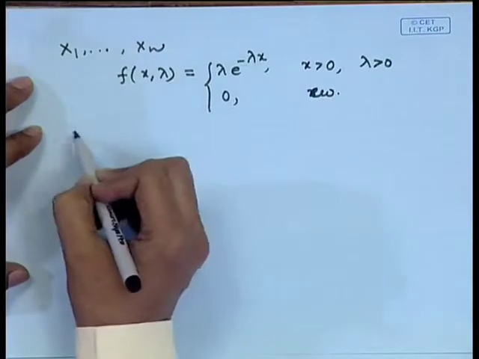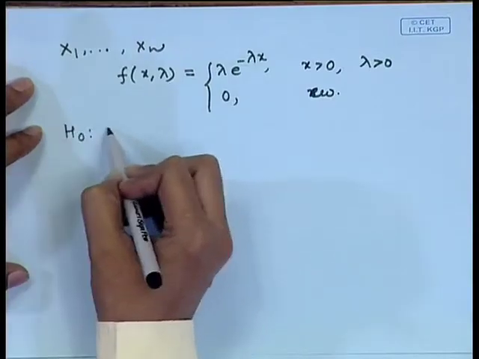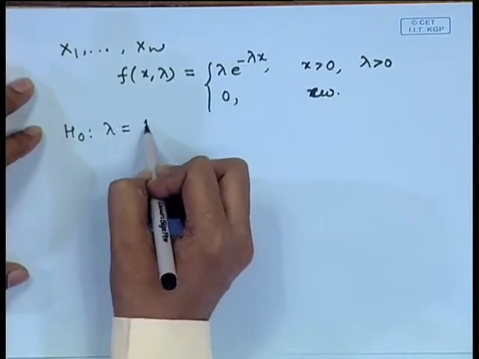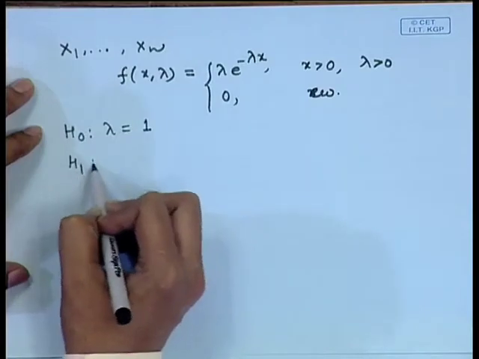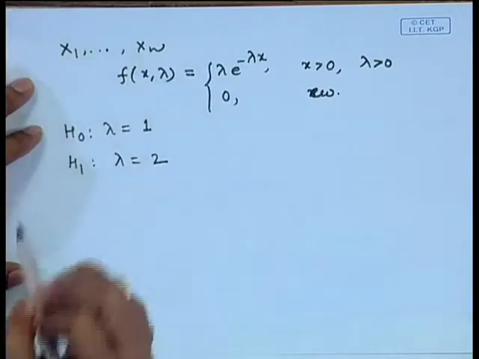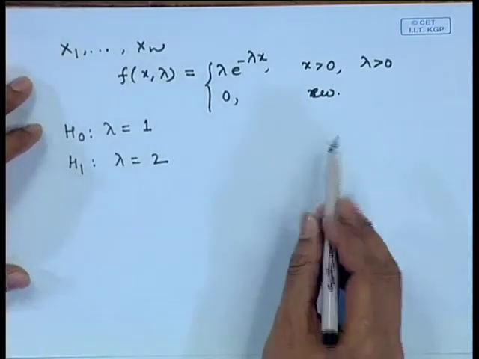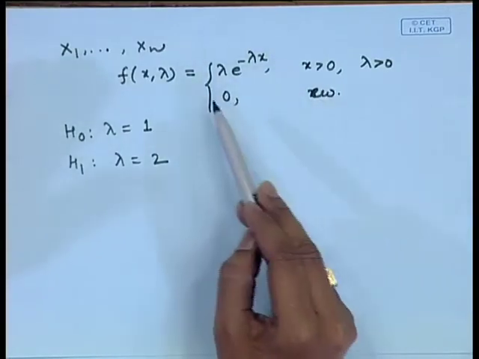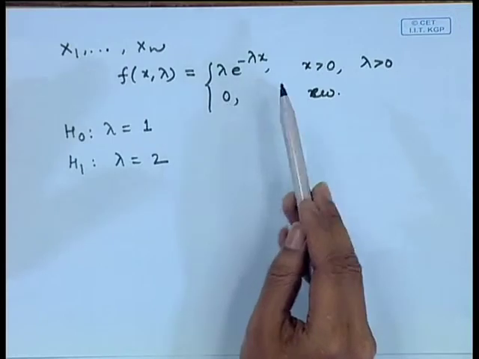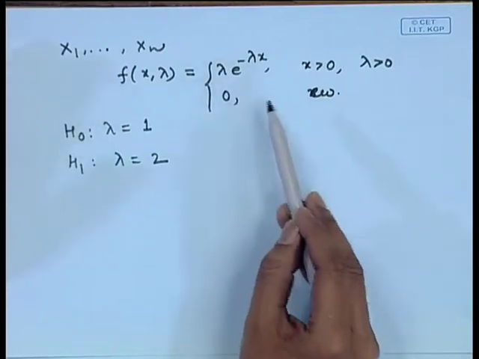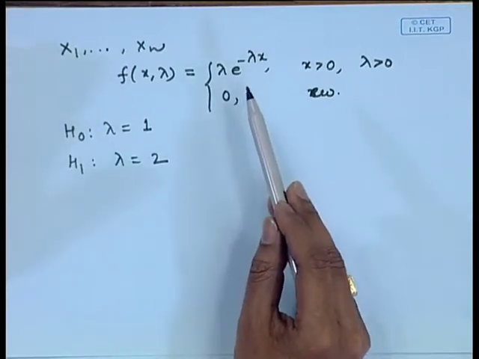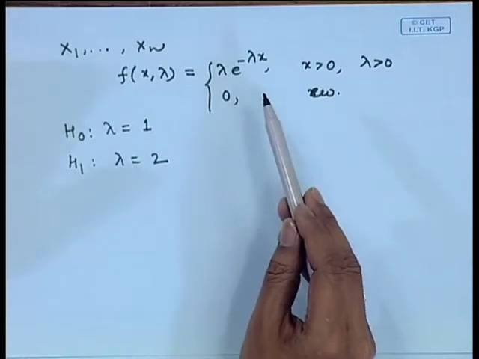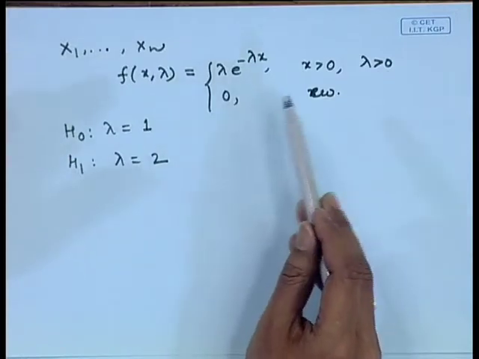Now, let me consider the example which I mentioned earlier, that is of an exponential distribution, and we may like to test, say, lambda equal to 1 against lambda equal to 2. Now, when we are discussing distributions other than the normal distribution, we may get a statistic whose distribution in the test function may not be simple.